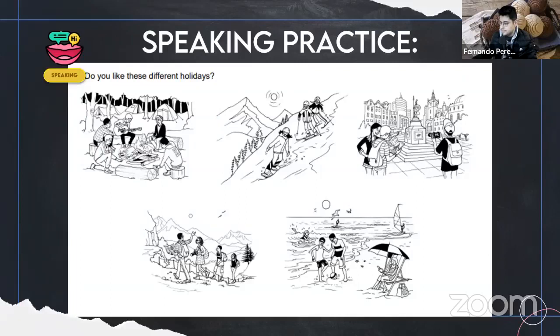So let's go directly to 2 people. I need 2 volunteers for the speaking exam. 2 volunteers for the demonstration. Raise your hand if you want to pass.